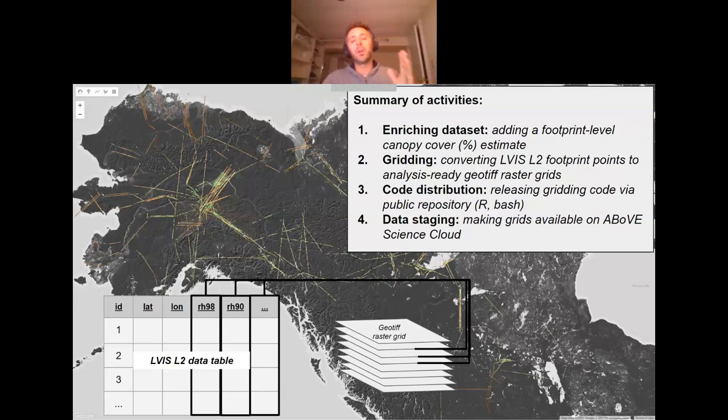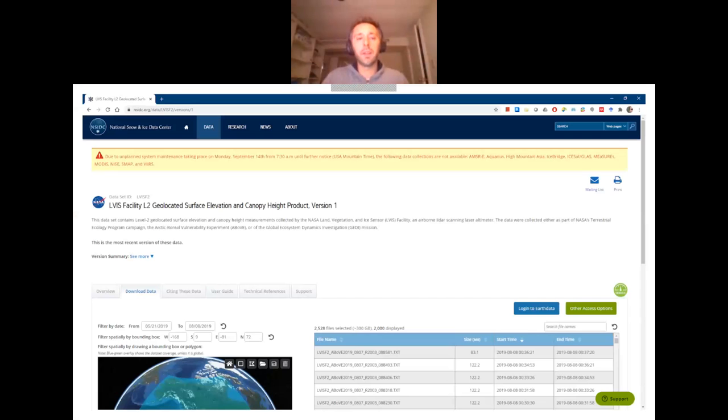And again, we are gridding the data that already exists as ASCII text files at NSIDC. So we think this is an analysis ready format that most people are going to want to use when they work with this type of data.